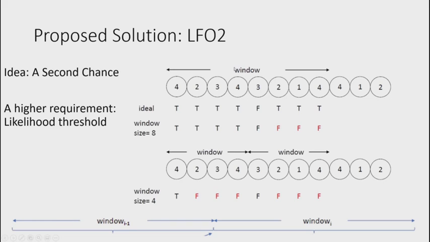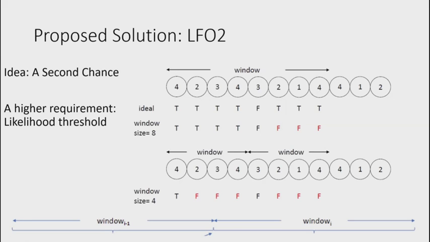We ask the model again, how likely are these objects to be accessed again? If the model thinks that it is really likely that 2 is going to be accessed again very soon, then we would mark it as true. We do the same thing for 1 and 4.